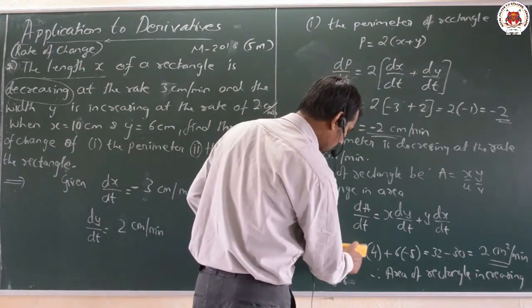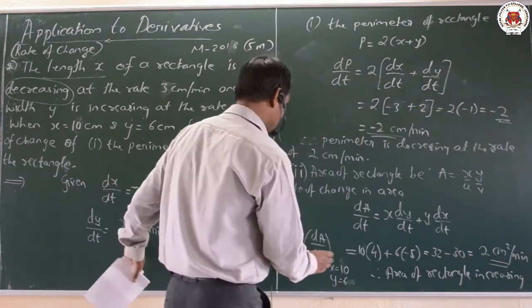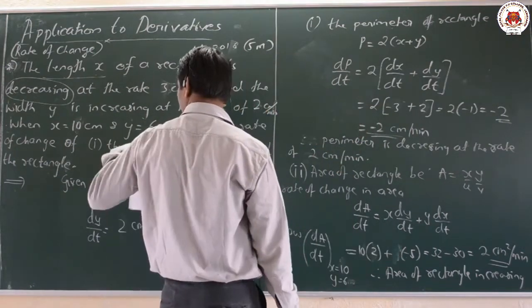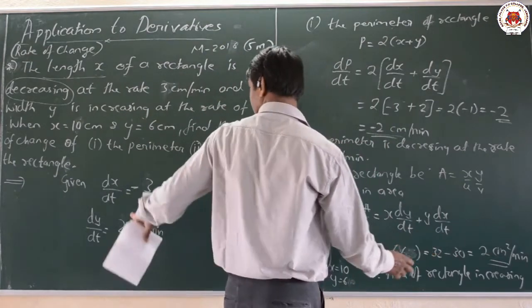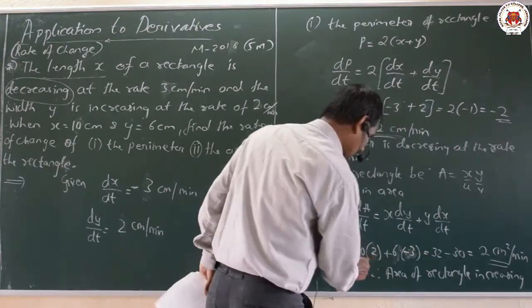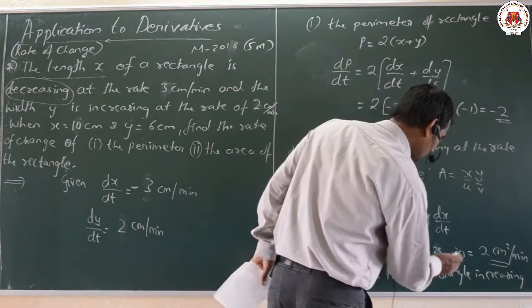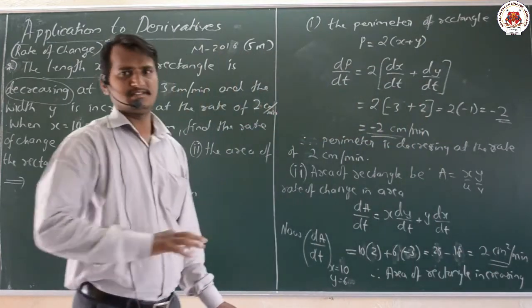Now x is 10, dy by dt value is 2 here, plus y as it is, y value is 6 here, and dx by dt value will be minus 3. That means what we get? 10 2s are 20 and 6 3s are 18. Again the same answer, 2, we are getting.